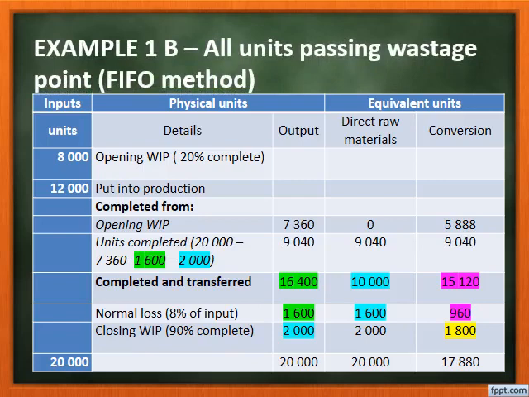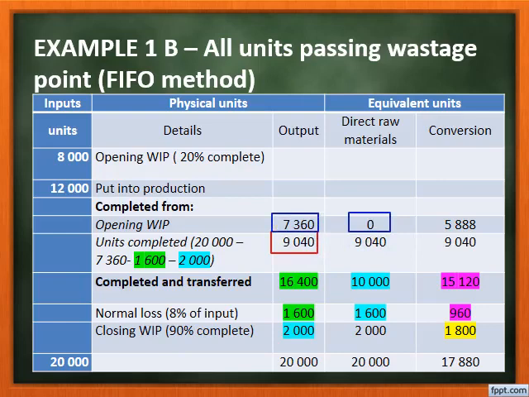Okay, let us use the same information to prepare a quantity statement where the first in, first out method is used. You will now notice that for the first in, first out method, the completed and transferred units of 16,400 are derived first out of the opening work in progress of the 7,360.